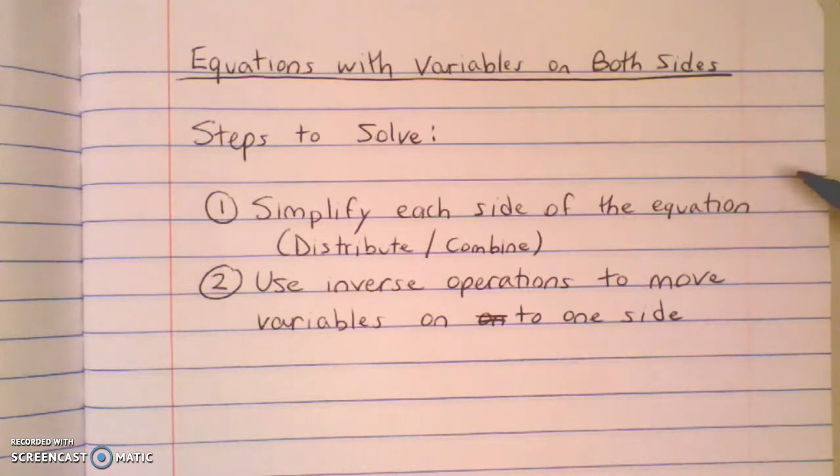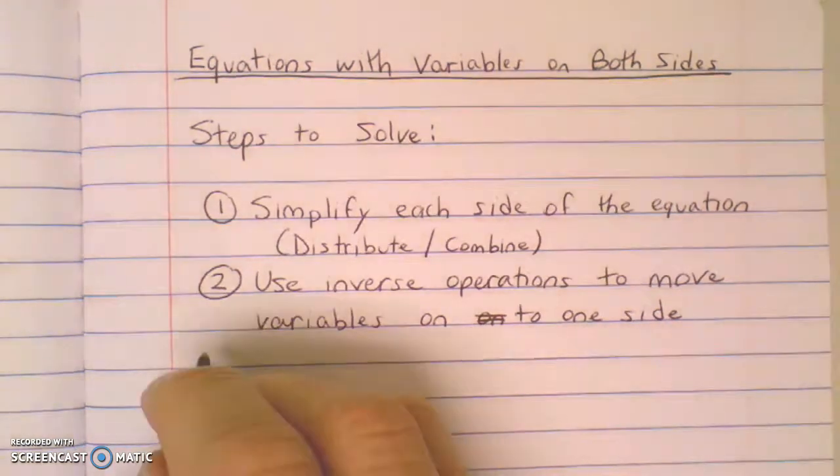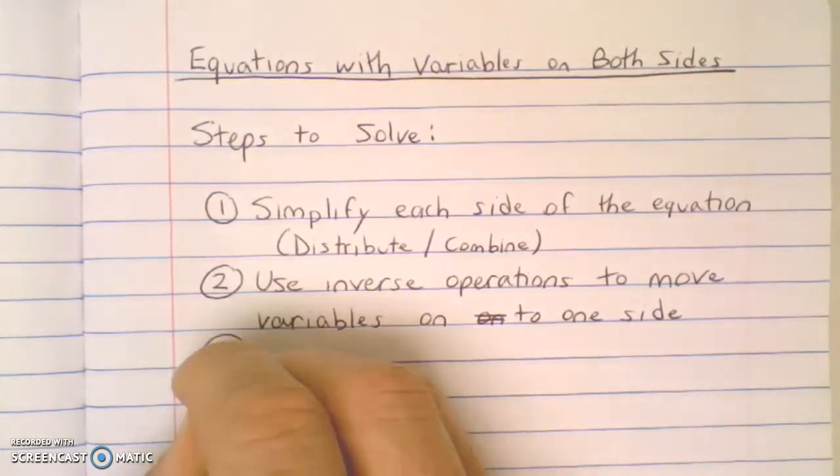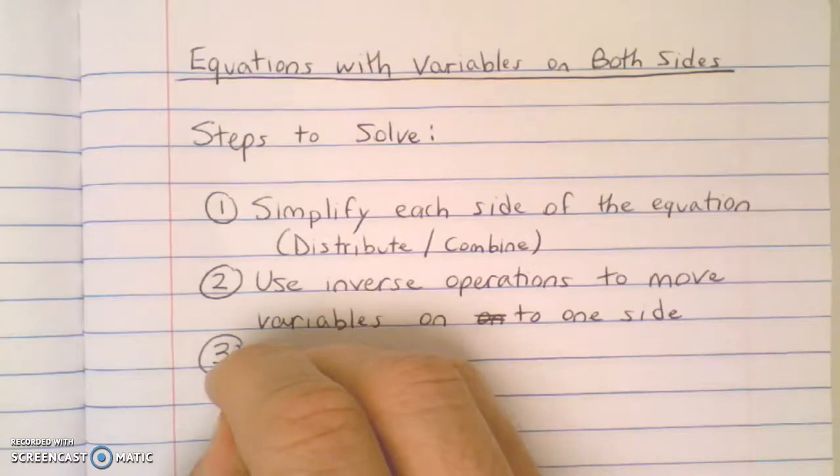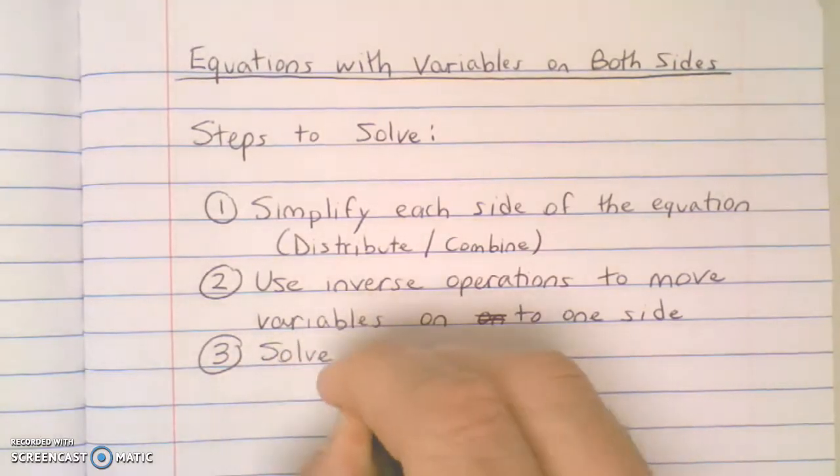So we'll simplify each side of the equation, then use inverse operations to move the variables to one side of the equation, and then you just solve the remaining pieces.